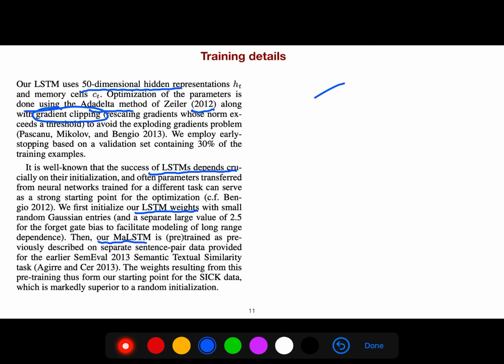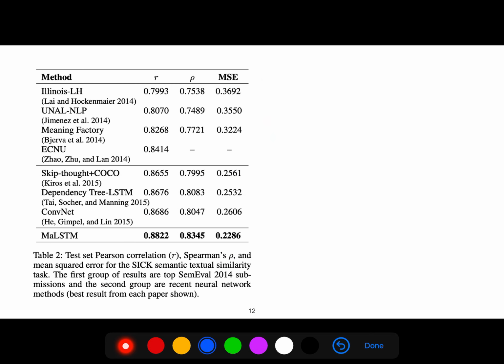Then our MaLSTM is pre-trained as previously described on separate sentence pair data provided in the earlier SemEval 2013. The weights resulting from this form our starting point for the SICK data. Initialization is an important step for good training of an LSTM.